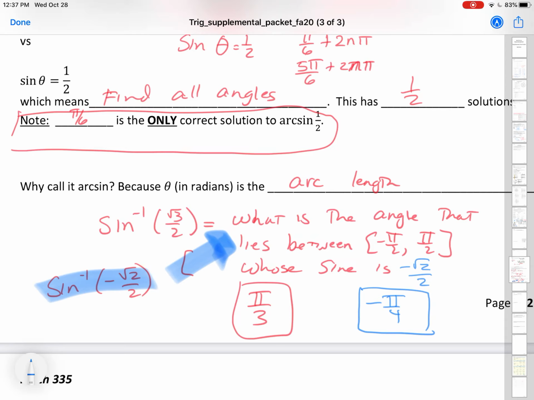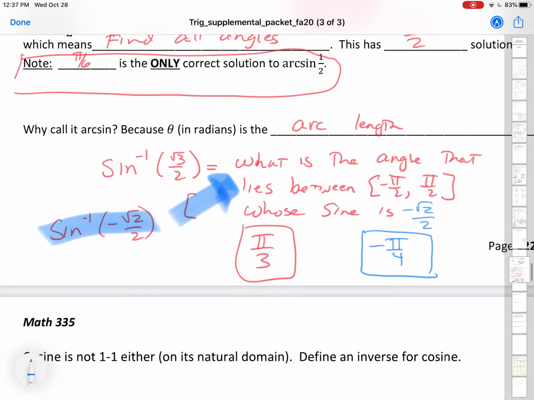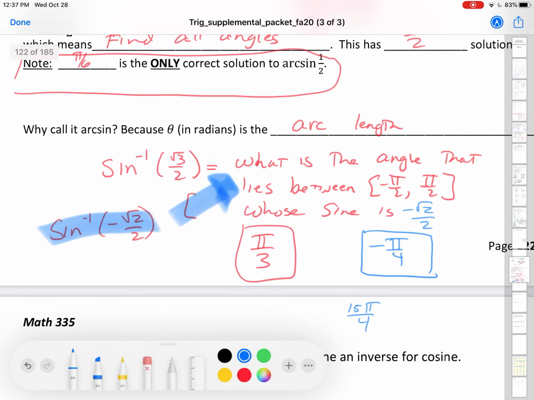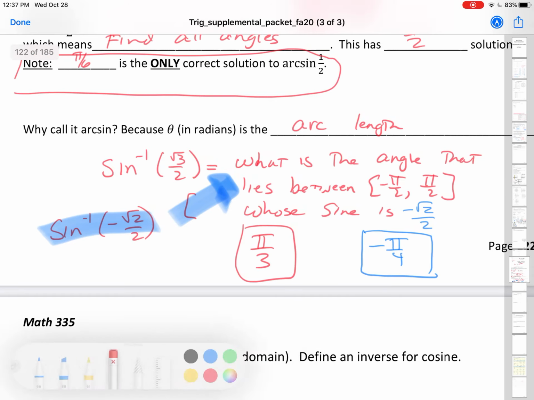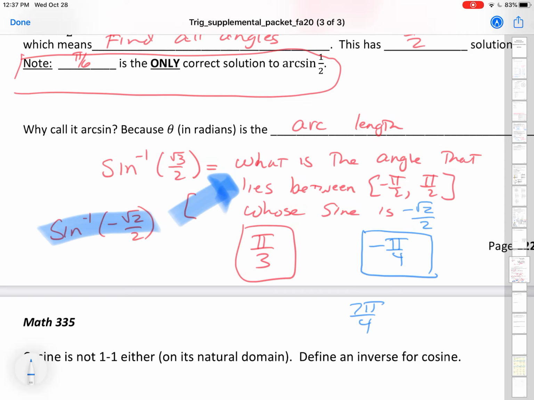only. If you tell me 7 pi over 4, it's wrong. And you'll say, I don't get why it's wrong, Jensen. 7 pi over 4 is a fourth quadrant angle, and so is negative pi over 4.